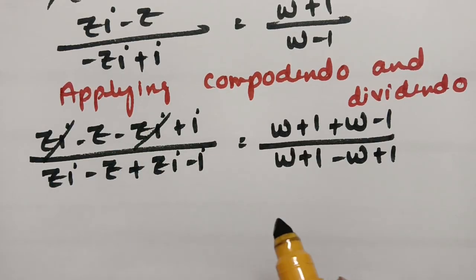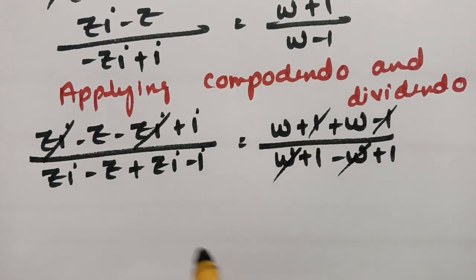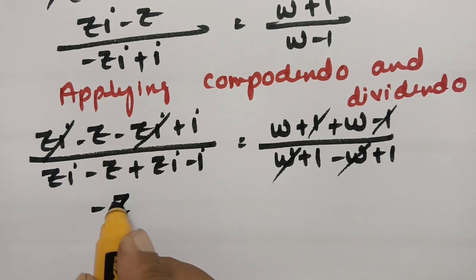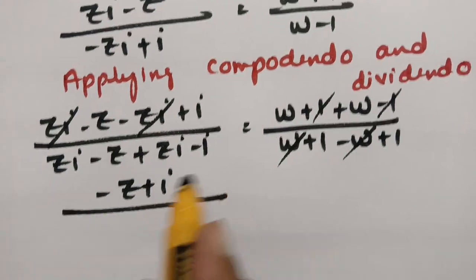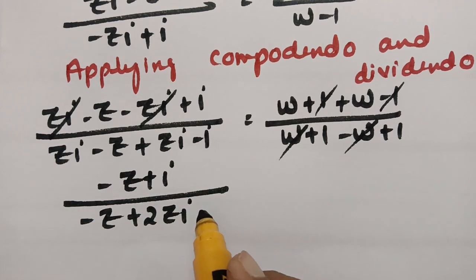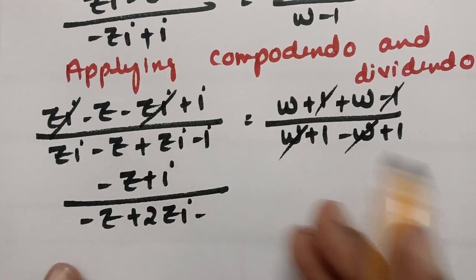And later, we can cancel minus 1 and plus 1, this is minus w and plus w. And if you observe, this is going to become minus z plus i, and here it is minus z plus 2zi, and this is minus i.